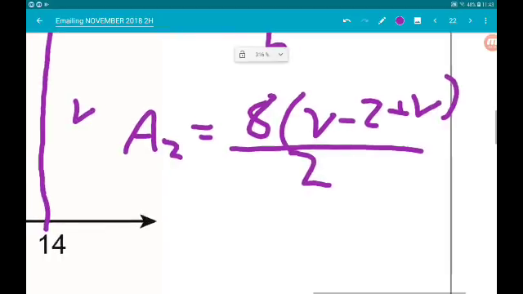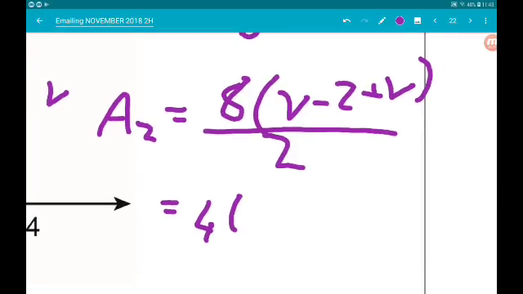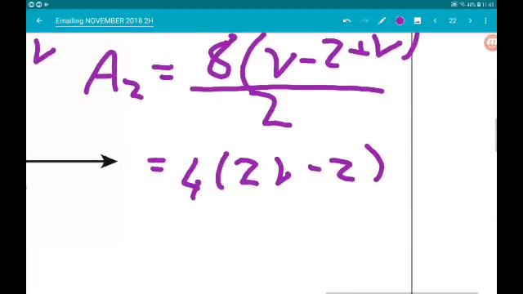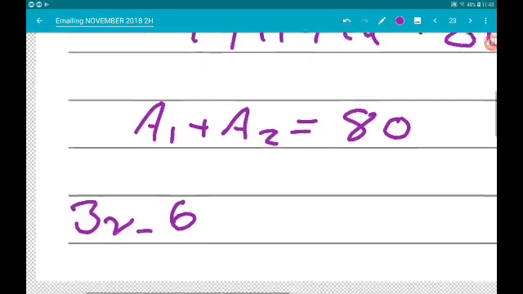Now that is 4 lots of 2v minus 2. So that's going to give us 8v minus 8. So that is A2.